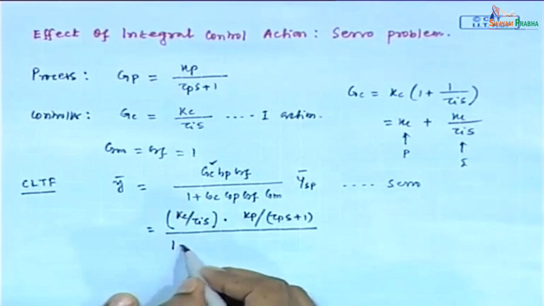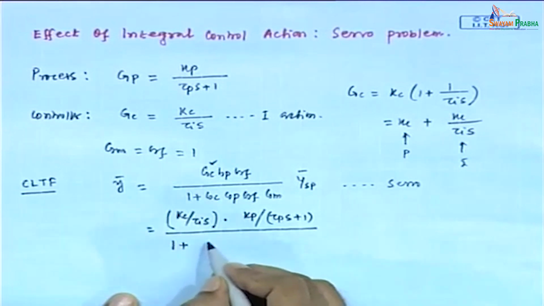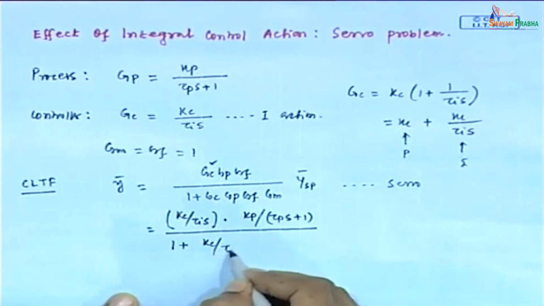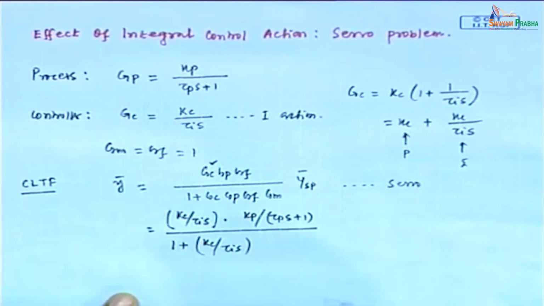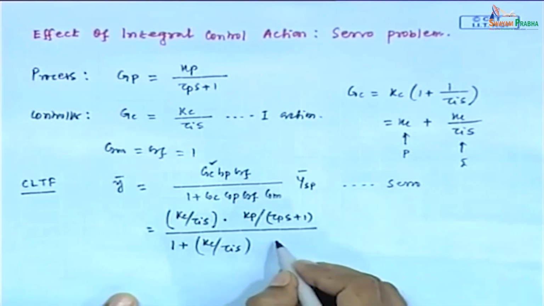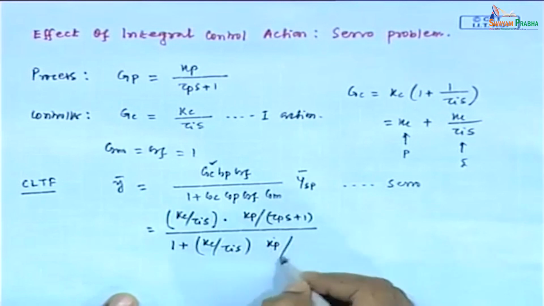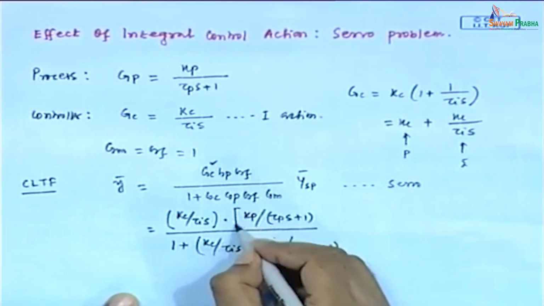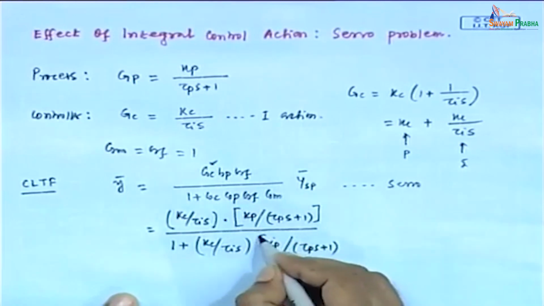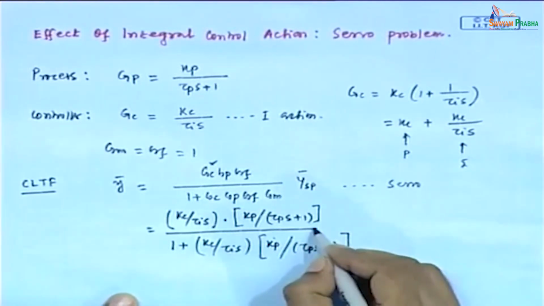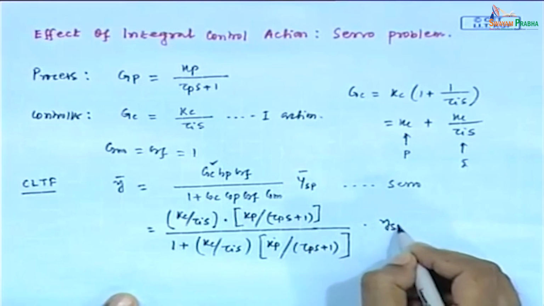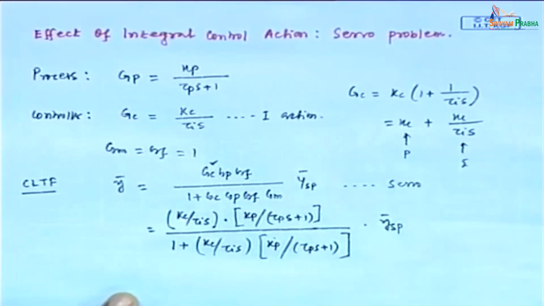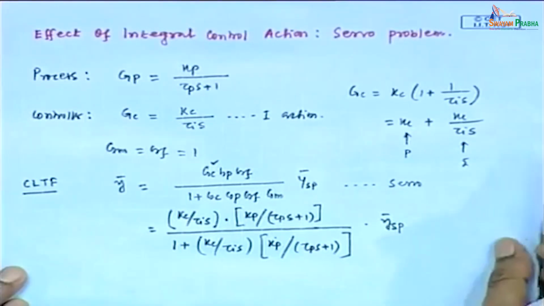Then 1 plus Kc divided by tau I s multiplied by Kp divided by tau P s plus 1, and y set point. Fine.